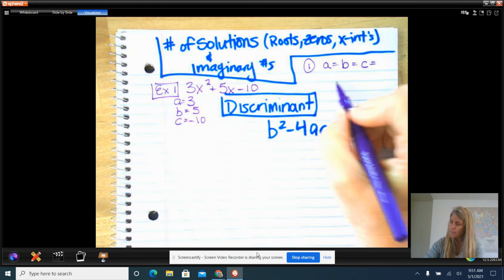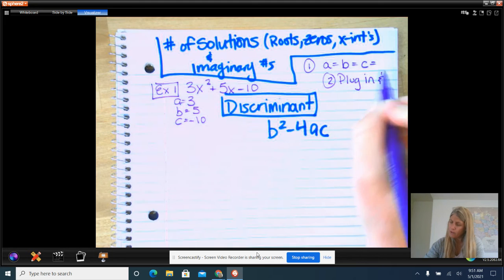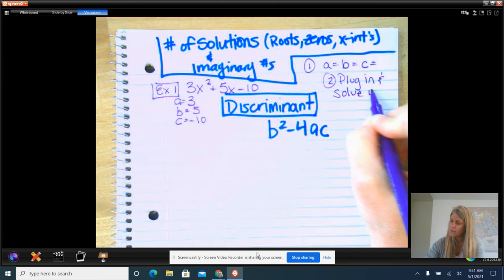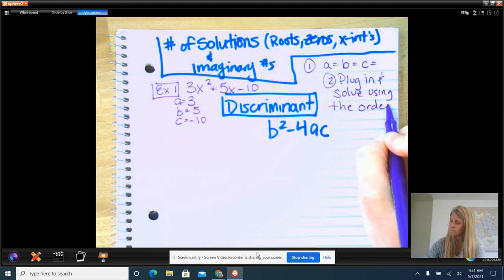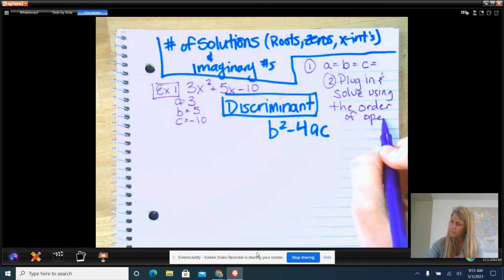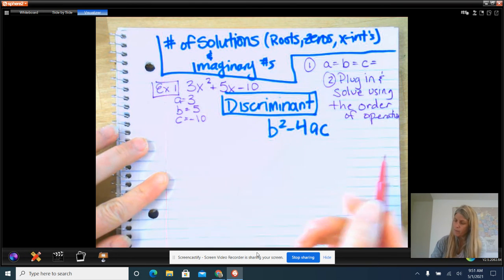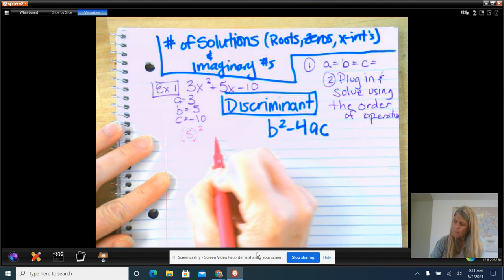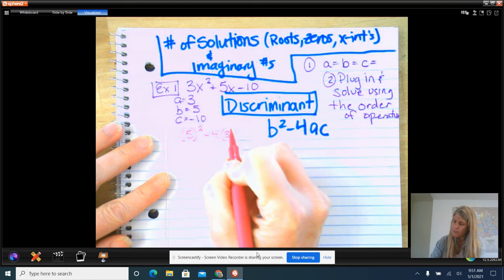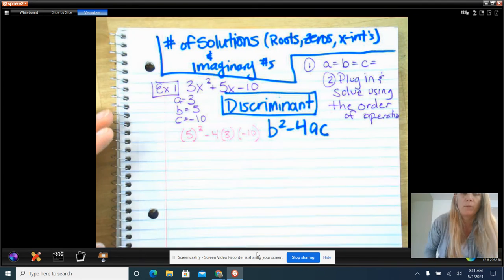So our second step is to plug in and solve using the order of operations. We plug in B for B, A for A, and C for C. For this specific problem, our discriminant is going to be 5 squared minus 4 times 3 times negative 10. And then we're going to simply solve.